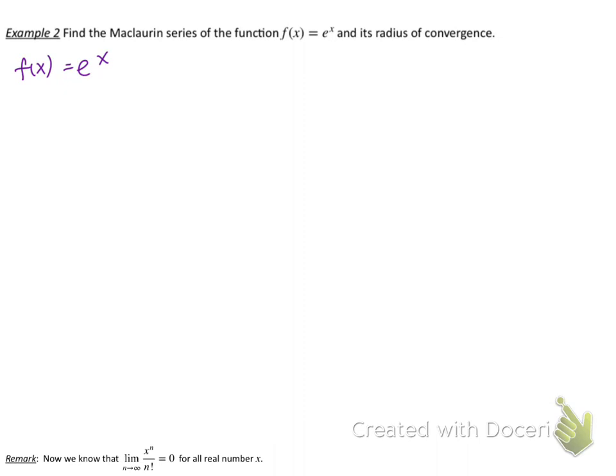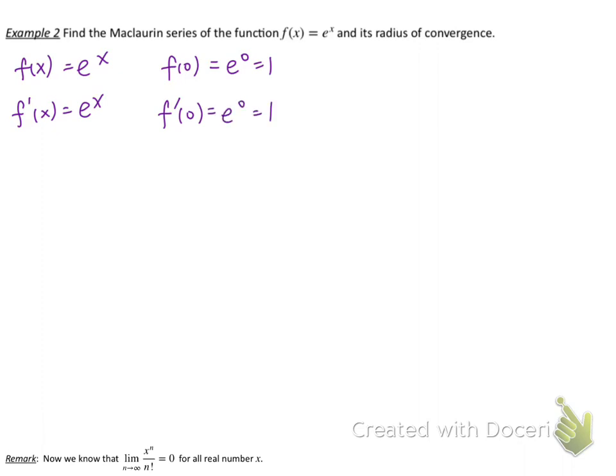Then Maclaurin means a equals 0. Then I need to evaluate f of 0, which is e to the 0, which is 1. That's the first term, the zeroth derivative, which means the function itself. Now, the first derivative of e to the x is still e to the x. So f prime of 0 will again be e to the 0, which is 1.